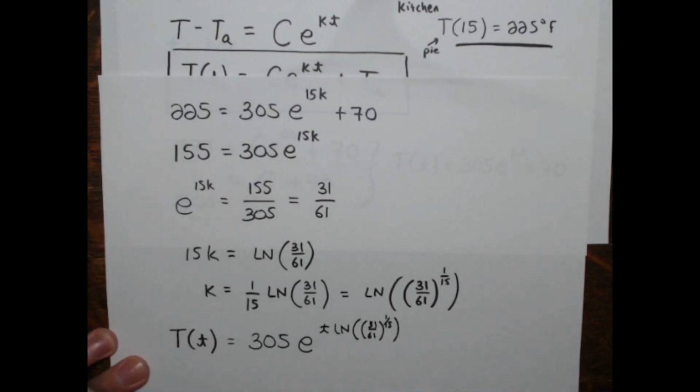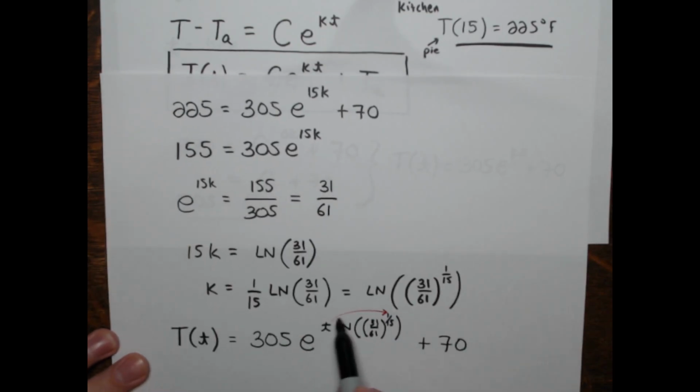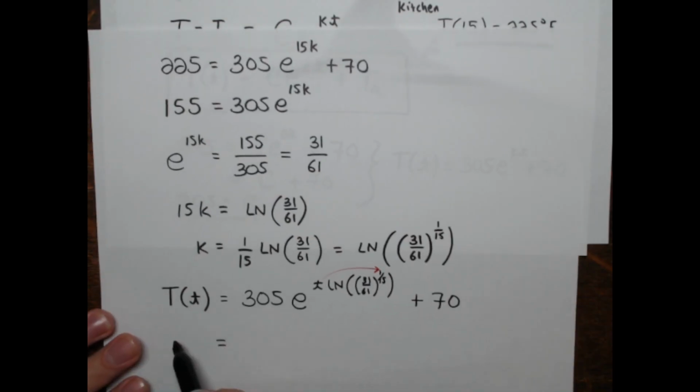And I'll also put the t in with the 1/15. So this will be the natural log of 31/61 to the t over 15 power. And then the log and exponential will undo each other. And then we have plus 70. And so again, the reason I did that is so I could do this.